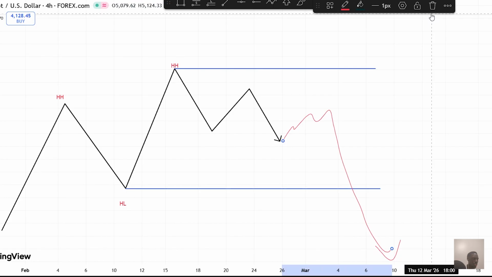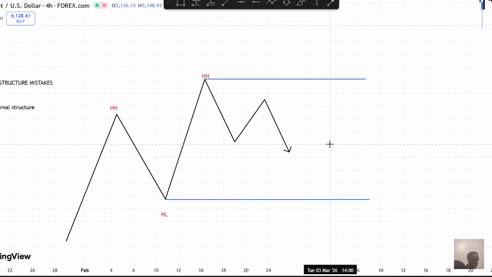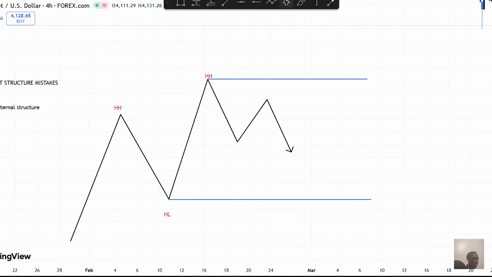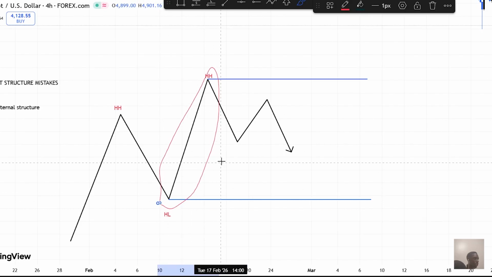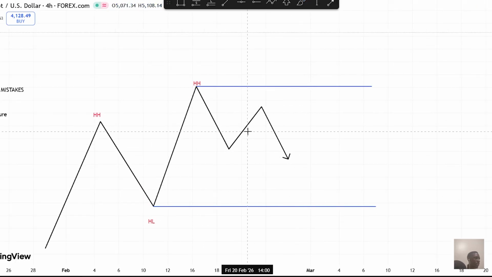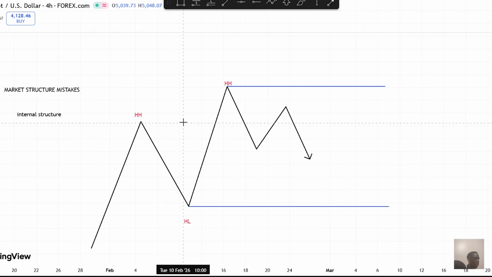But which is not the case, because we're looking at structure in this range. Most traders tend to forget. You see something like this, which we consider internal structure.